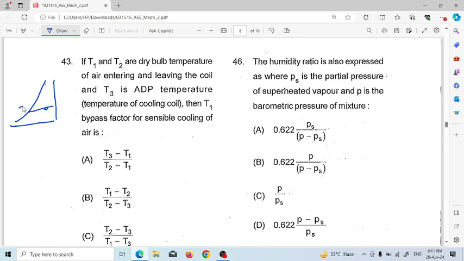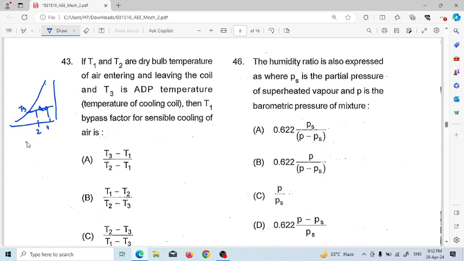This is T3, and this is point 1 and point 2. So the apparent dew point temperature is T3.